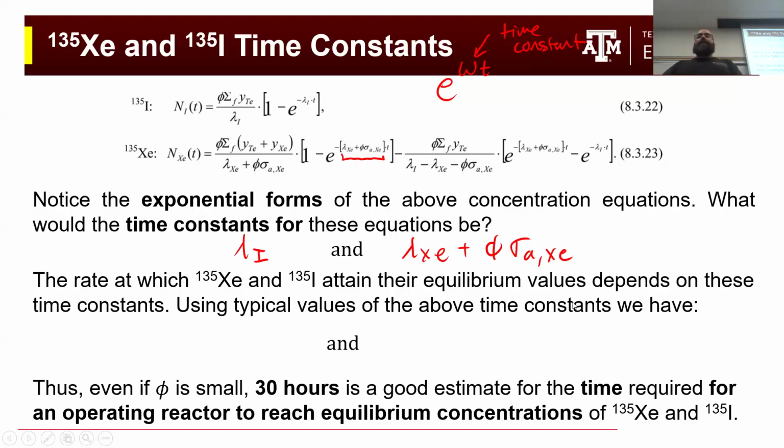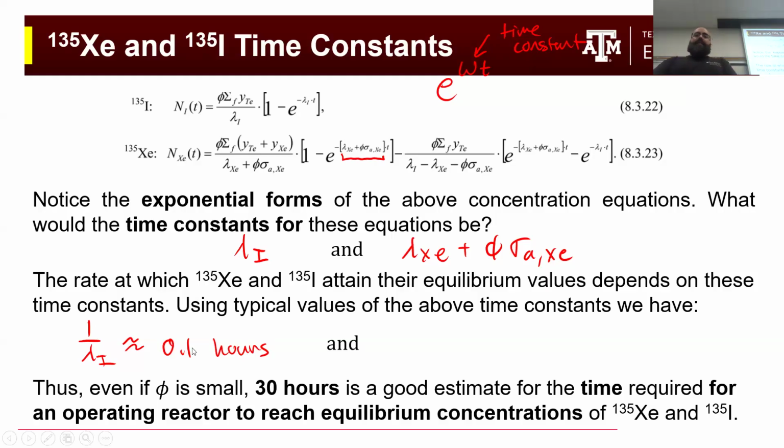So if these are my time constants, then we could talk about the time that it takes for the amount of these things to drop by a factor of e, which would just be the reciprocal of these time constants. If I do 1 over lambda I, and I use typical values for the decay constant of iodine, I get approximately 0.1 hours.